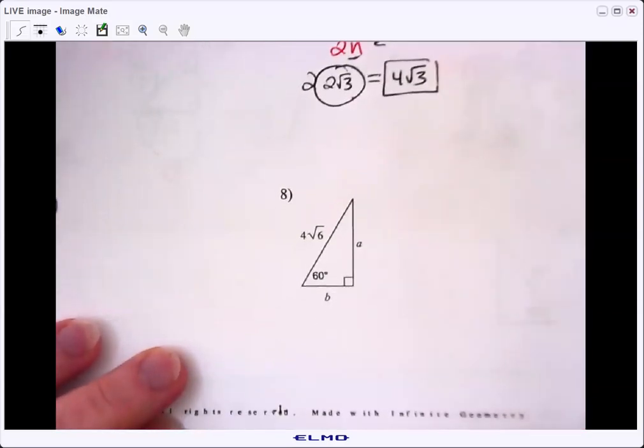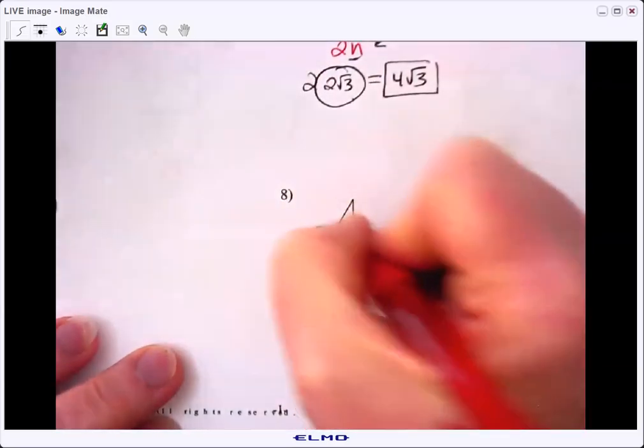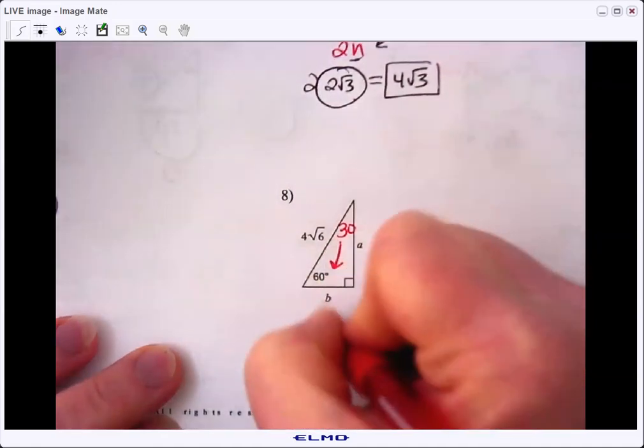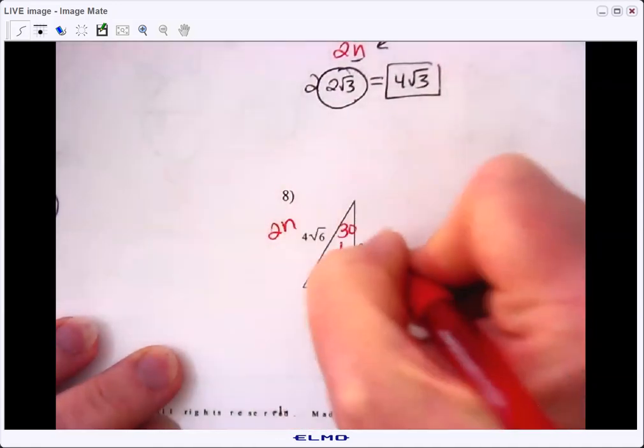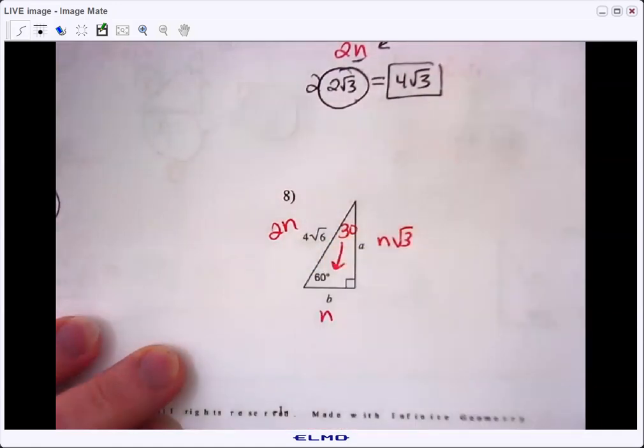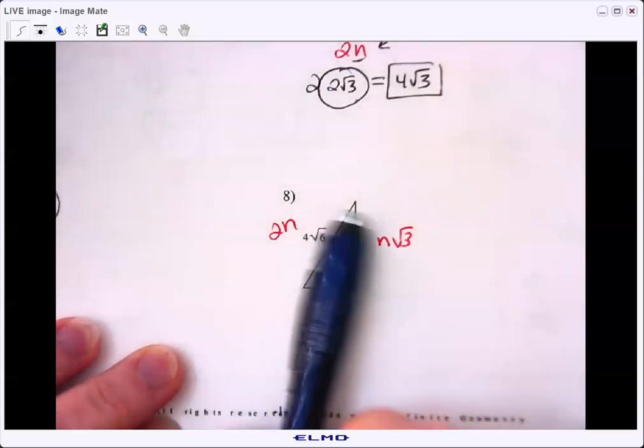Okay. So this is my 30-degree angle. This is n, 2n, and n root 3. Okay, let me do a little what if.